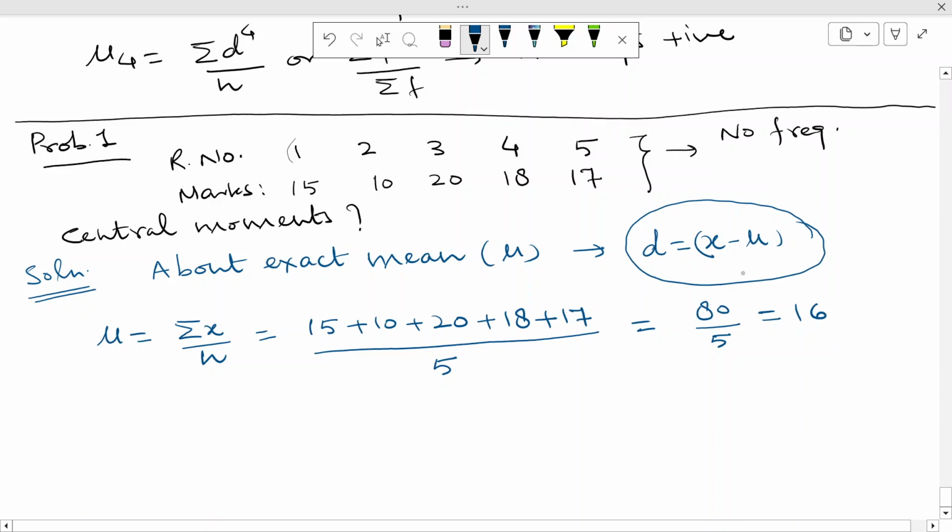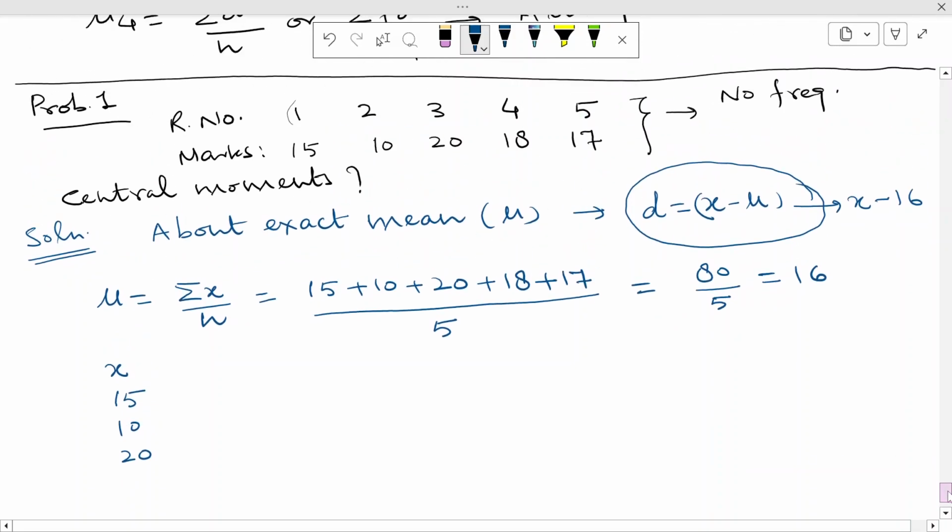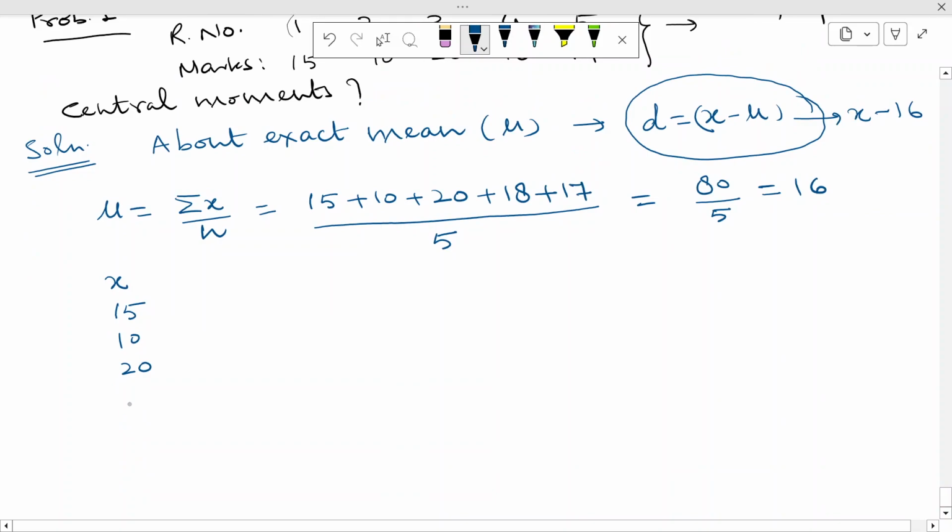So now we calculate the deviation. Now we have this formula, so you can write this as x minus 16. So let us make a table here. We are having x. Okay, so the values of x are 15, 10, 20, and we have 18 and 17.